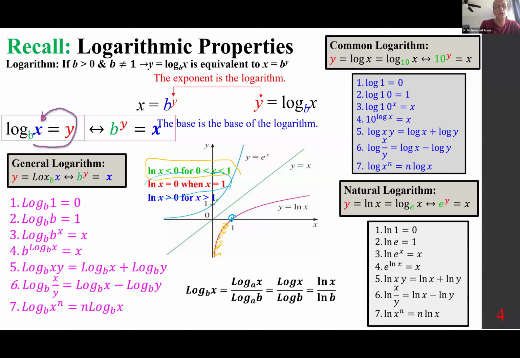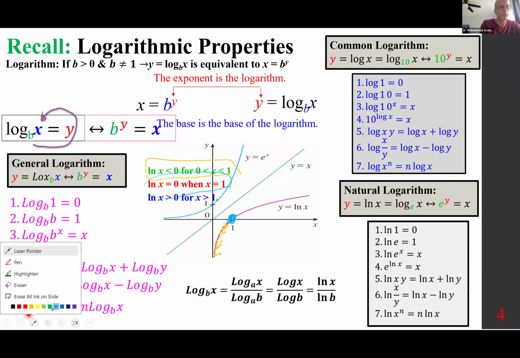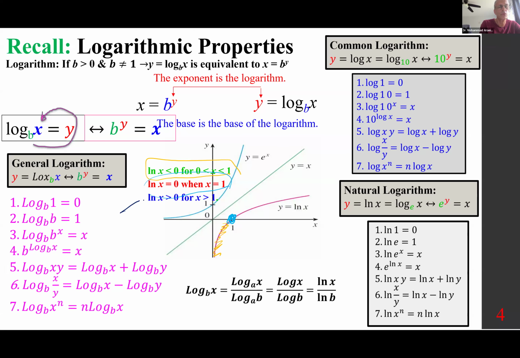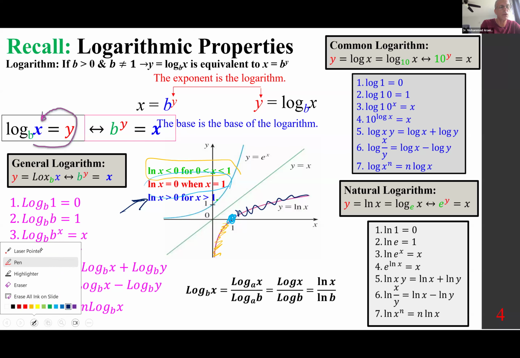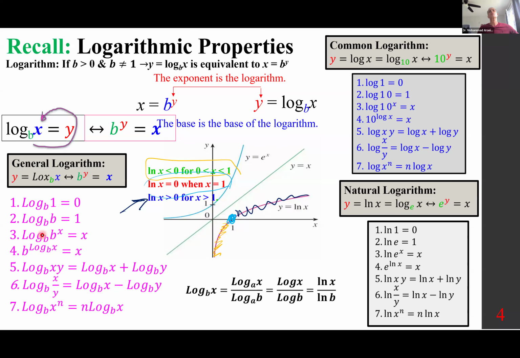Ln x is 0 when x is 1. This means this point. And then this last part is here. Ln x is positive when x is larger than 1. So there's some stuff from prior knowledge of mathematics that is important to know.